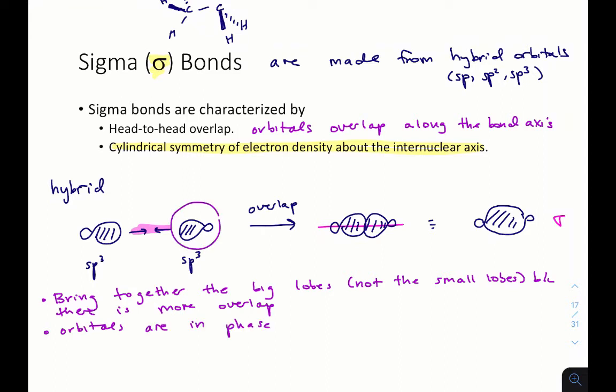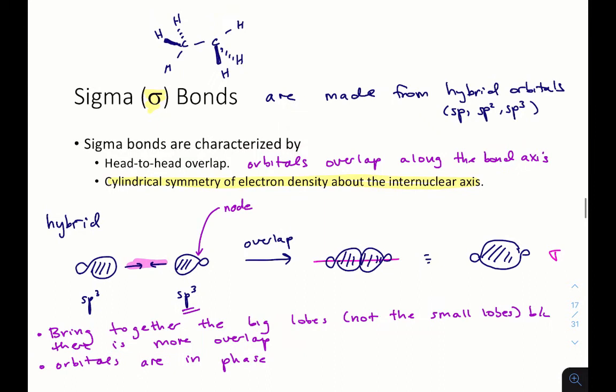Because sp3 orbitals are derived from p orbitals, they do have this node here, and phase does change from shaded to unshaded across the node. So when we bring together the 2 orbitals, we do bring them together with their big lobes both shaded, in phase.